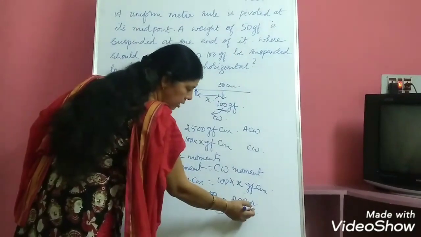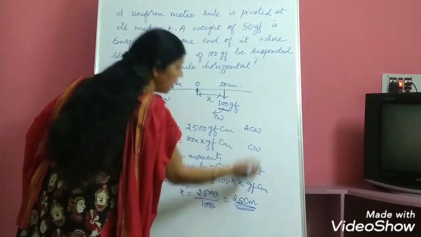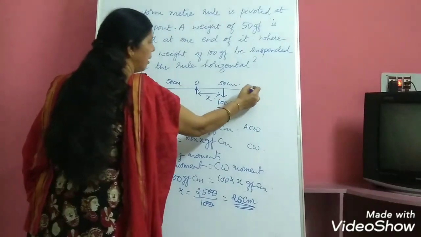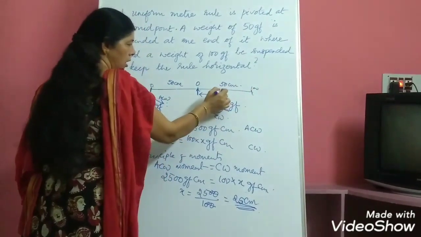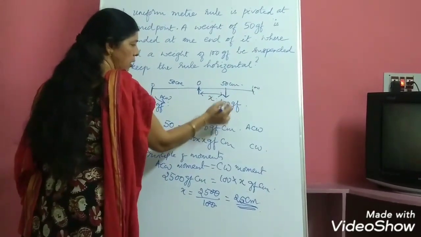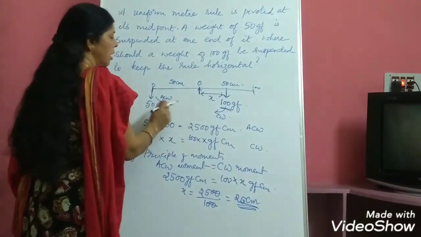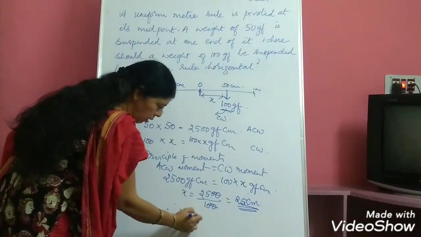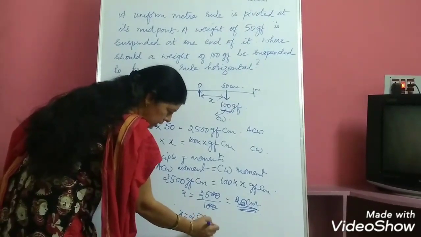You have to hang it at a distance of 25 centimeter from the other end. So this is 0, this is 100. From this end at a distance of 25 centimeter, you have to hang this weight. Then the rule will be in horizontal position. Therefore, x will be equal to 25 centimeter.